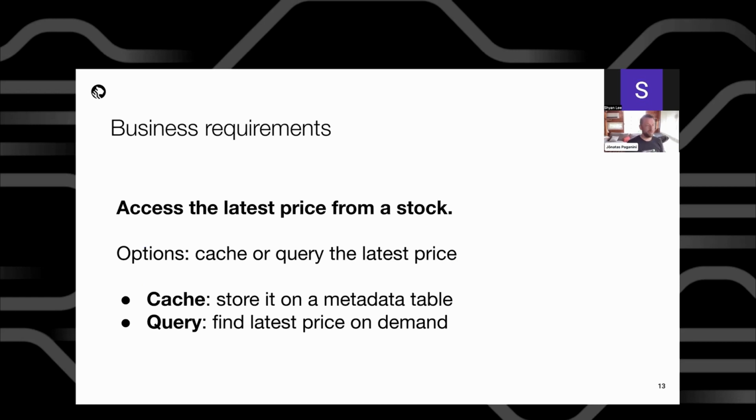So the business requirement is to access the latest price from a stock. I'm watching sometimes hundreds or thousands of prices from the stock, and I have 2 options. I can cache it, or I can query the raw hypertable and find the results. If I cache it, I will basically store it in a metadata table, while if I query it, I will just be doing it on demand, depending on how much users or other systems are requiring this information.